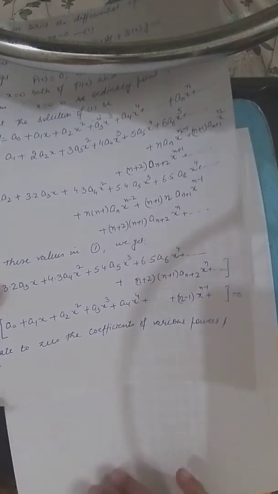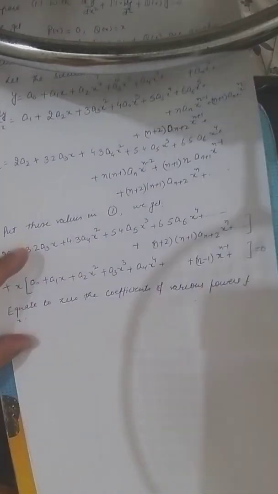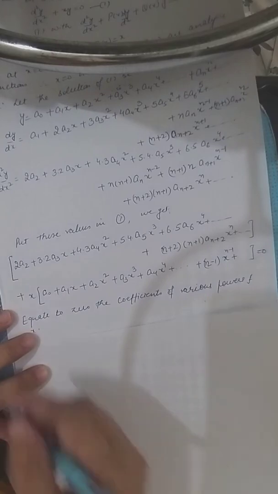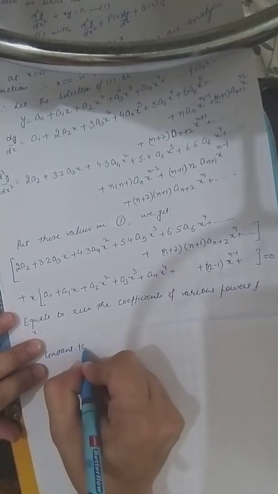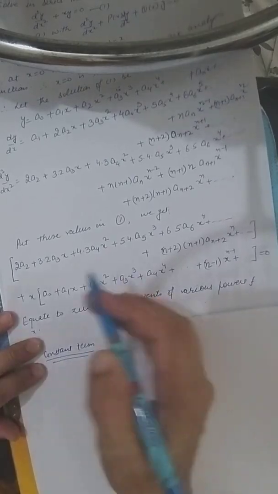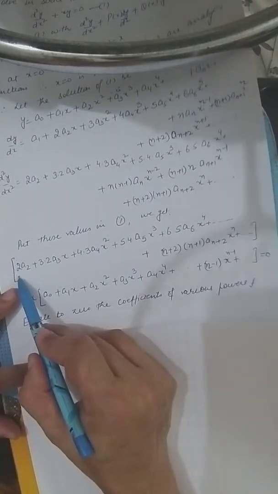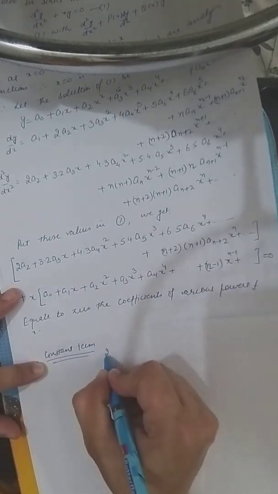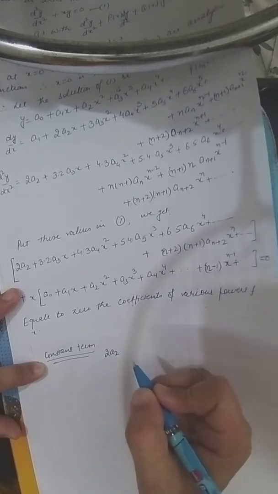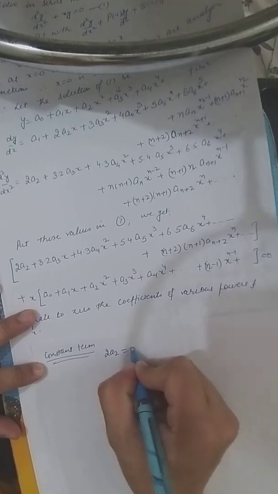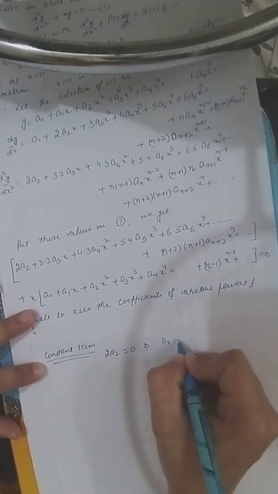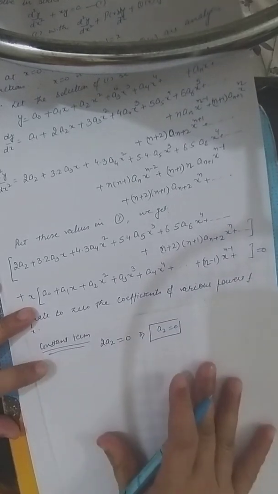First of all, I will equate to 0 the coefficient of the constant term. Now in here the constant term is 2a2, and here there is no constant term, equal to 0. This implies a2 = 0.